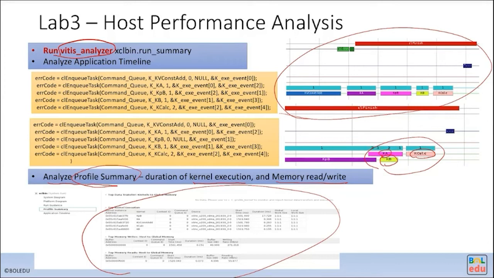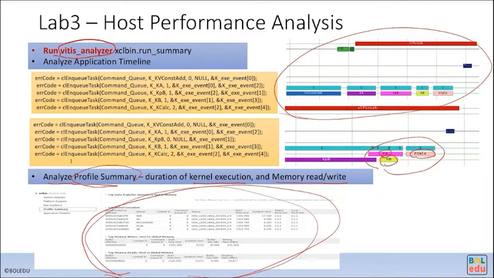Those information are very important because by looking at the code, we really don't have an idea how much time it takes to execute or transfer data. With this, we have the actual duration, which gives us much better control in doing the scheduling.